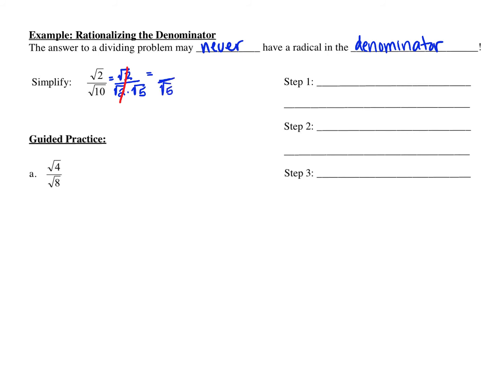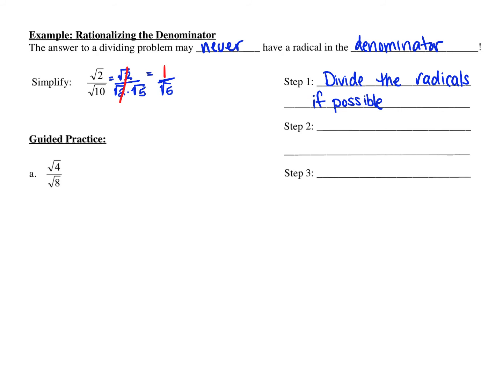If everything cancels out and there's nothing on top, you want to make sure you write a 1, okay? So for step 1, you want to divide the radicals if possible.